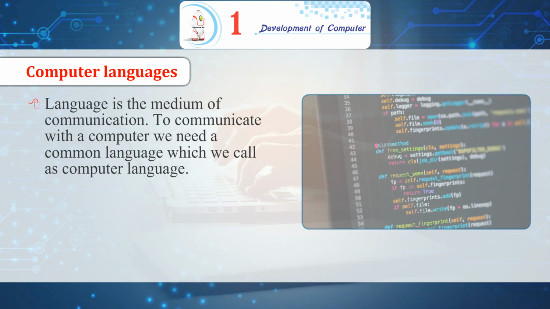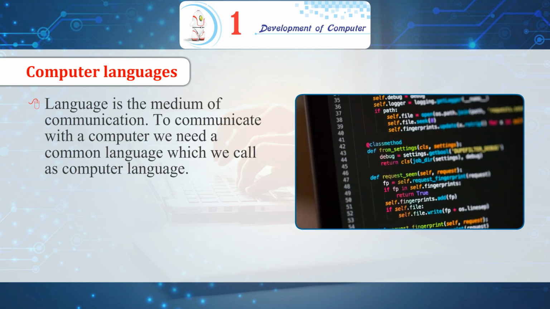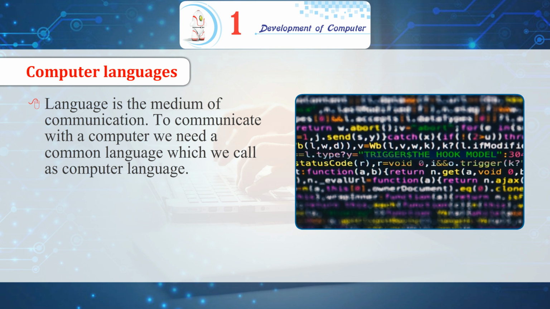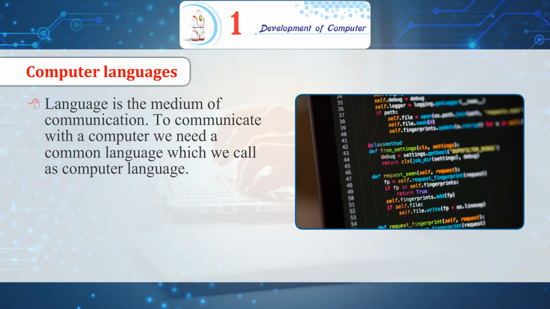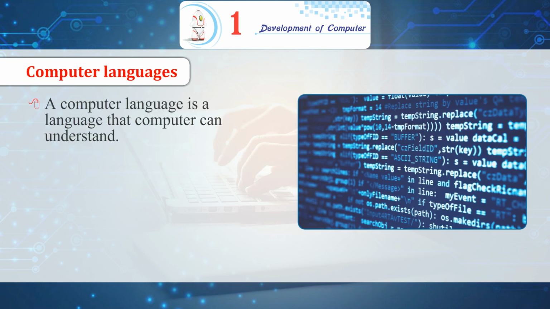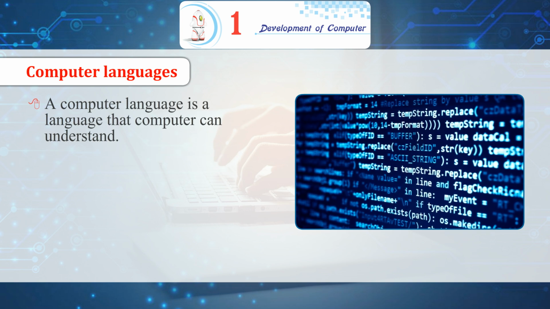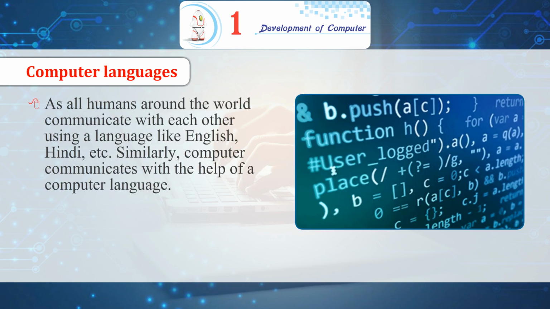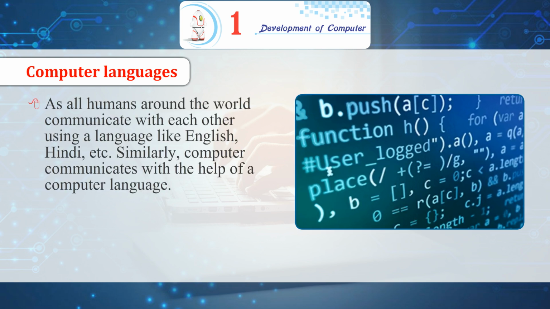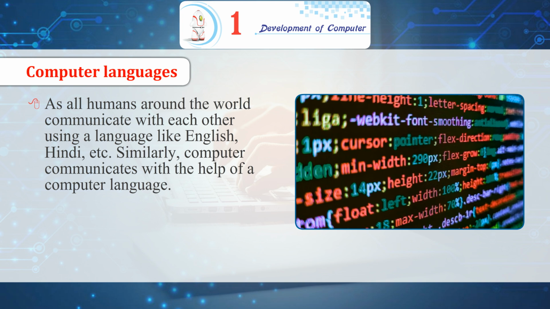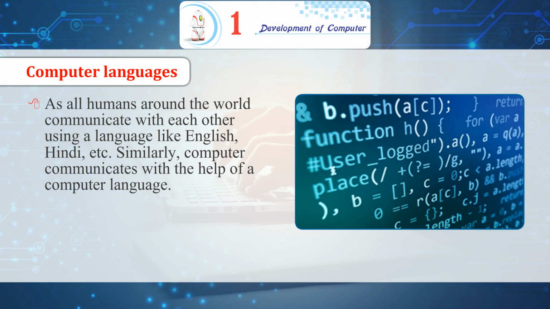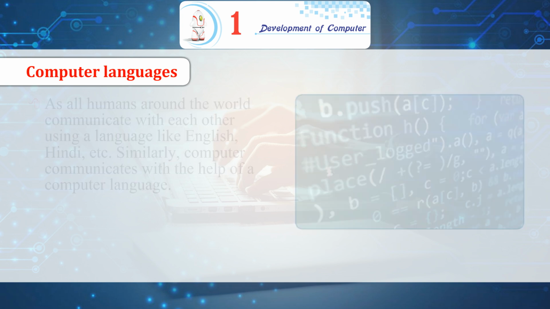Computer languages. Language is the medium of communication. To communicate with a computer, we need a common language which we call computer language. A computer language is a language that computer can understand. As all humans around the world communicate with each other using a language like English, Hindi, etc., similarly, computer communicates with the help of a computer language.